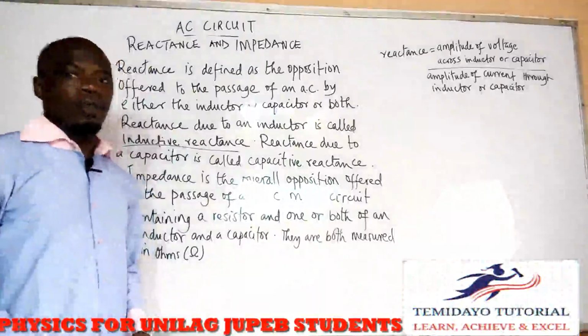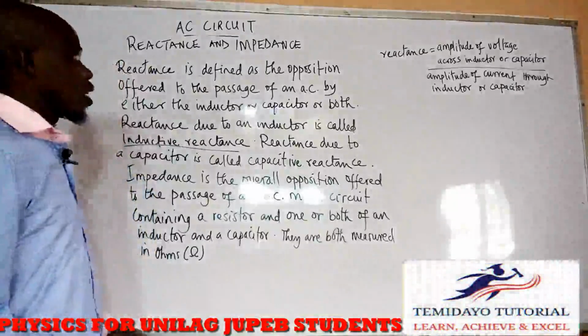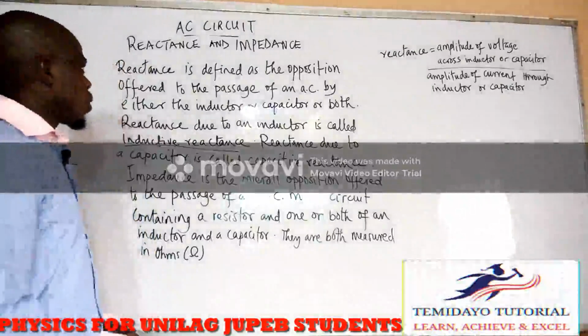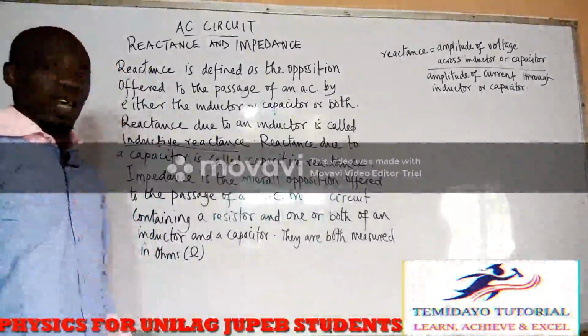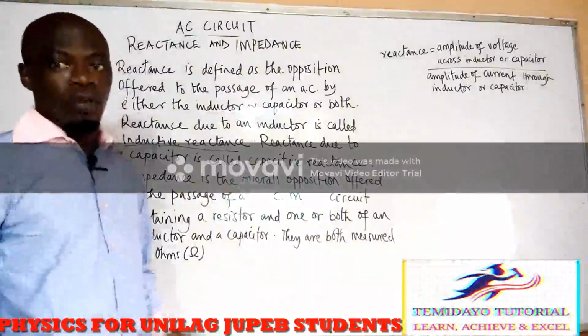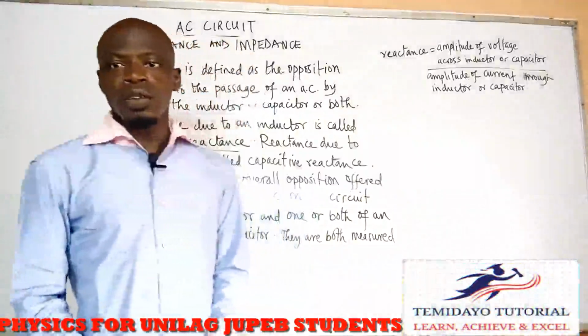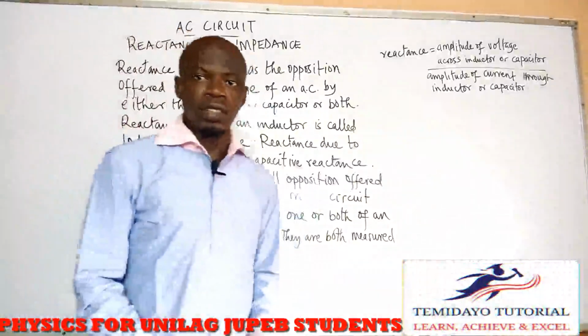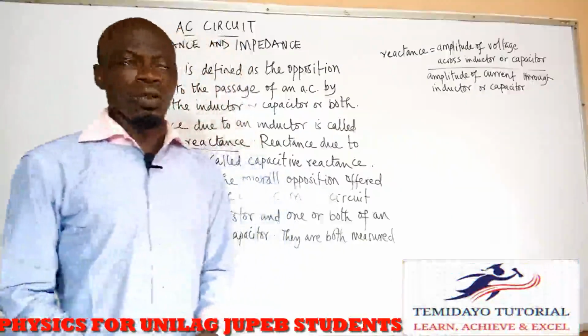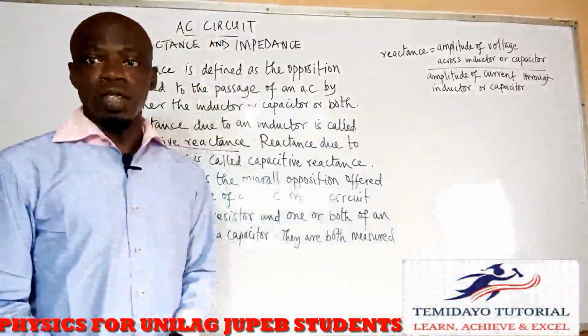Here we have the next one, which is the reactance and the impedance. These are terms we are going to come across and make use of when talking about alternating current. What do you understand by reactance, and what are the things you need to know about reactance? The same thing with impedance.